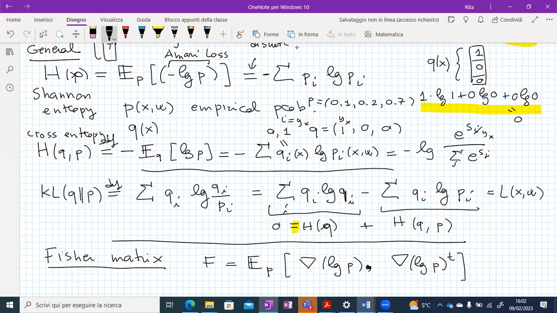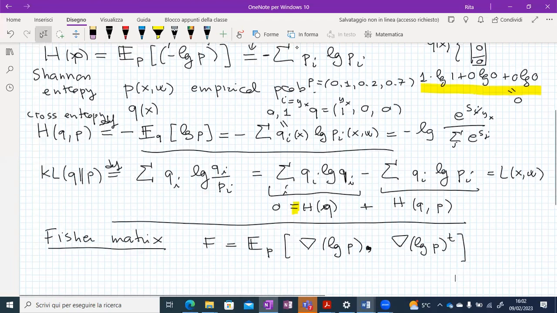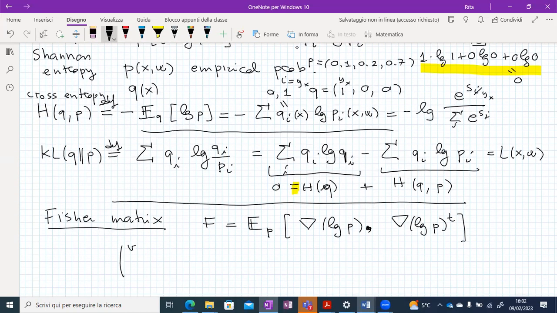If you go vector times the transpose, you do something like this: V1 to Vn, multiplied by U1 to Un, you get a matrix of the type V1U1, V1U2, and then V2U1, and so on. This is why you get a matrix. And since you are multiplying identical vectors, it's symmetric. Very simple.